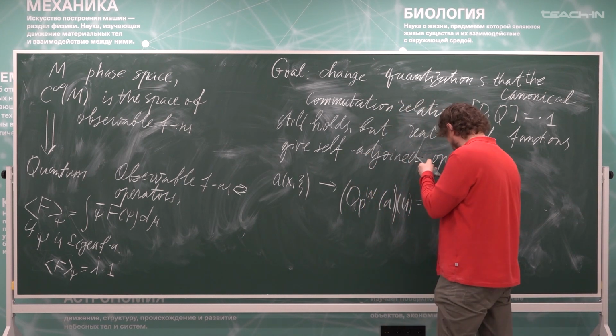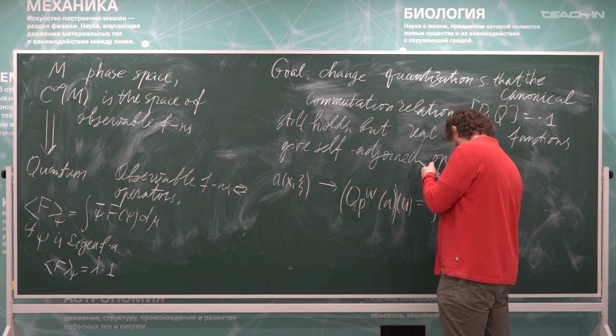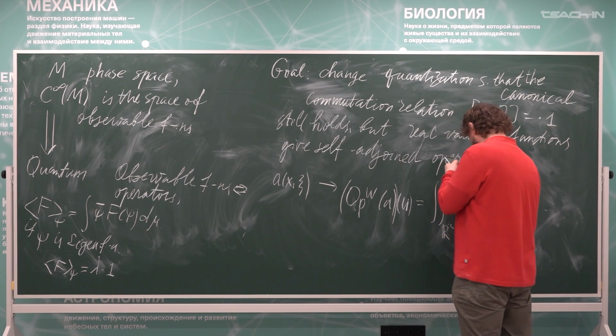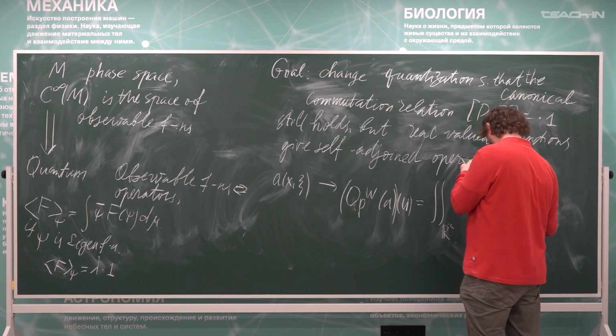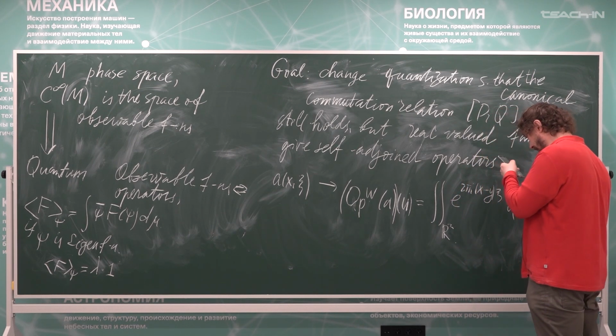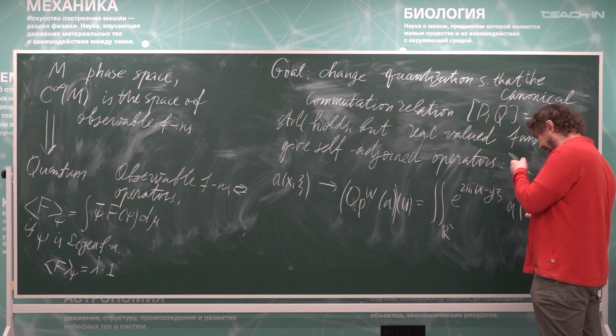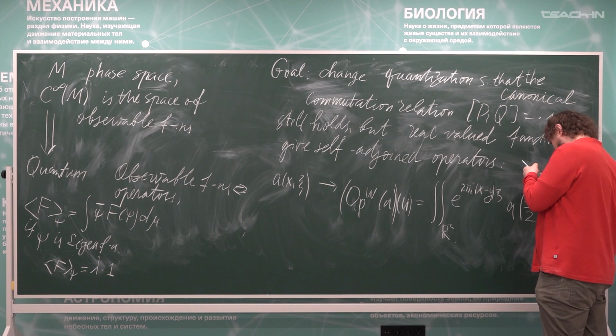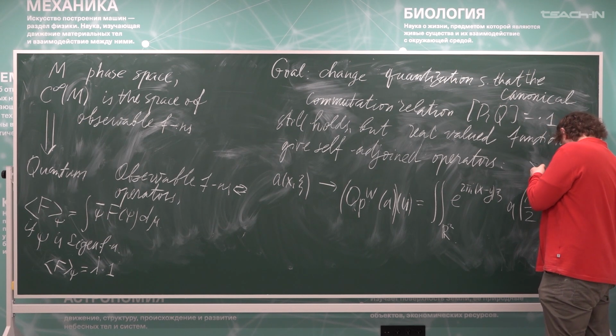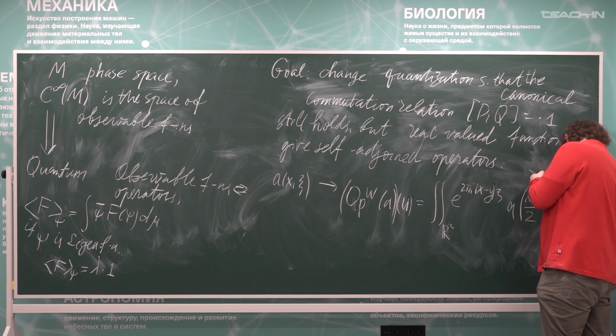I have the integral over R2 of e to the power 2 pi i (x minus y) psi, a of (x plus y)/2 comma psi, u of y, dy d psi.